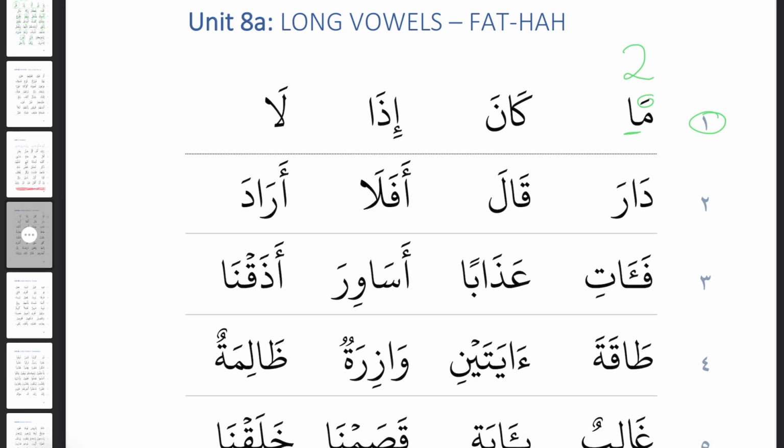So let's carry on. We've got a kaf with a fatha and an alif. So this is not just ka, this becomes kaa-na. So you can hear the difference between a 2-count stretch on the kaf, which is kaa, and then no stretch and just one fatha noise on the noon, na. So this is the challenge, making sure you keep the short vowels short and the lengthened vowels to their proper 2-count stretch.